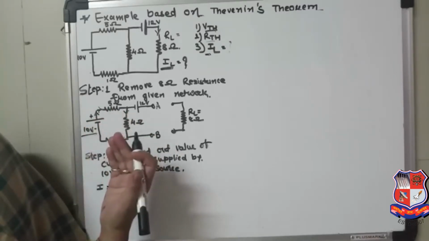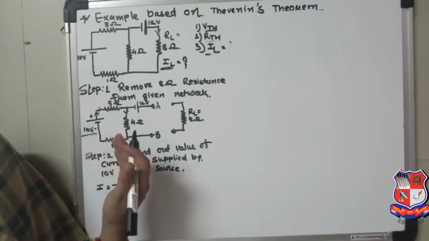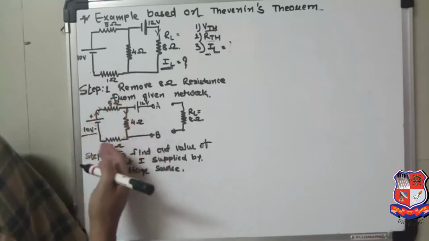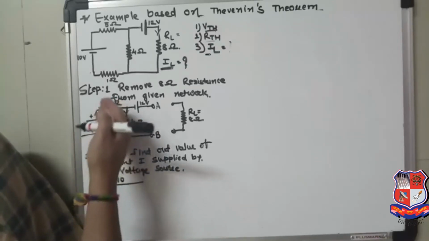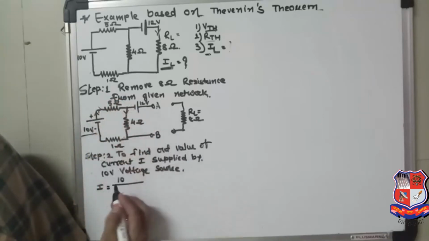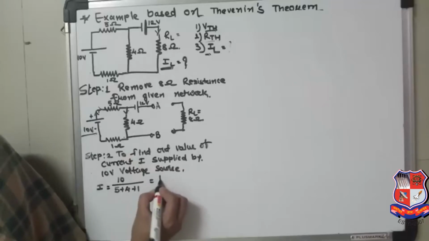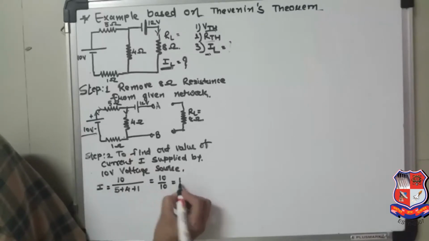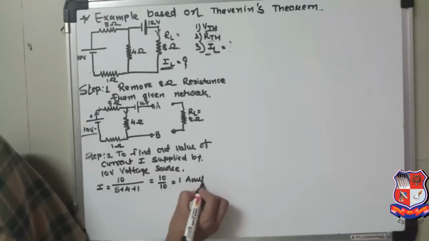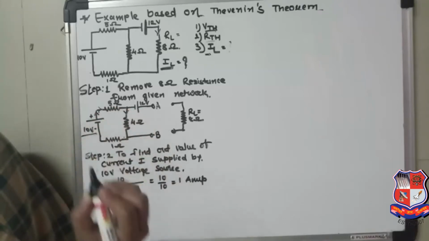According to the series connection formula, the equivalent resistance is the algebraic sum of all three resistances: 5 plus 4 plus 1, so 10 divided by 10, that is 1 ampere, the current supplied by the 10 volt source.